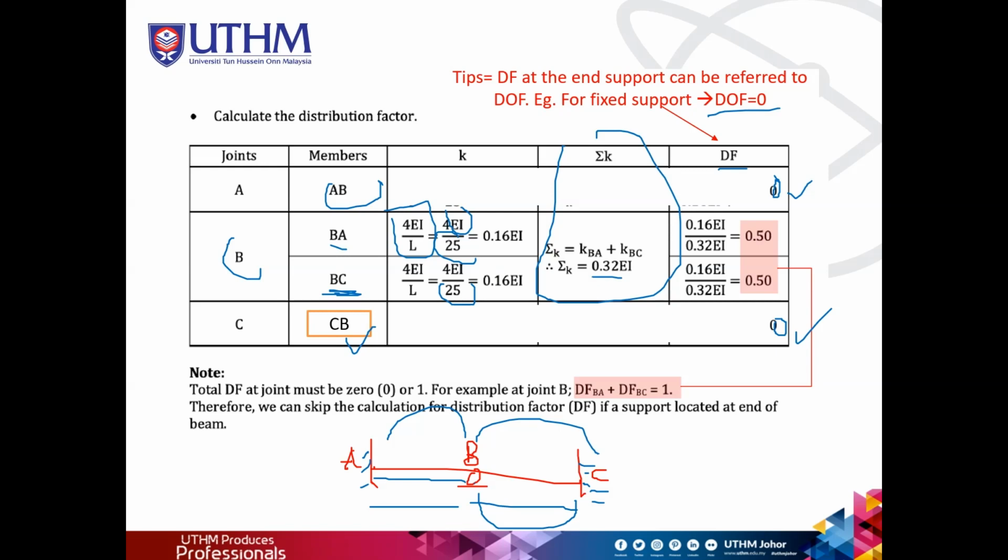So basically when you do the summation of the DF, we will get back 1. So the value of degree of freedom must be 0 or 1, meaning that the total summation must be 0 or 1. This is how you can calculate the distribution factor, correct or not.